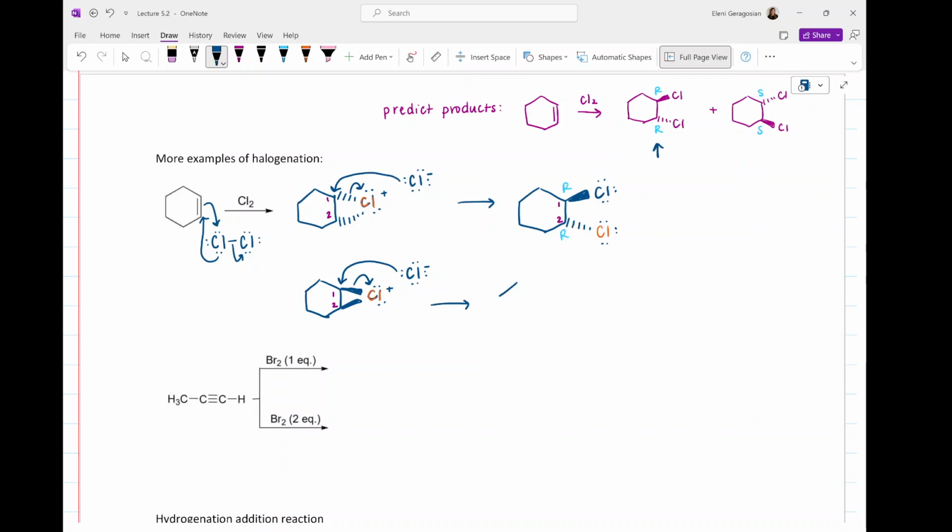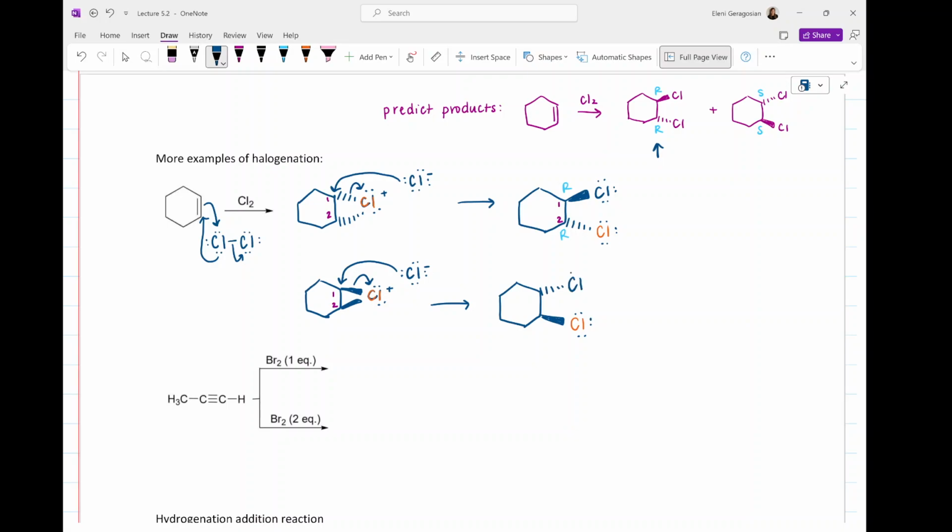Product of the other stereochemical option, the orange chlorine remains on a wedge. And now the other chlorine is on a dash.